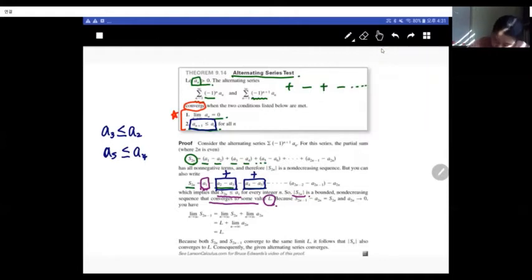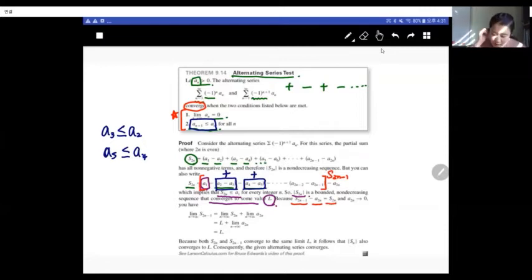Starting from a1 to this point here, this red part is S_2n minus 1, right? So I have S_(2n-1) minus a_2n equals S_2n.